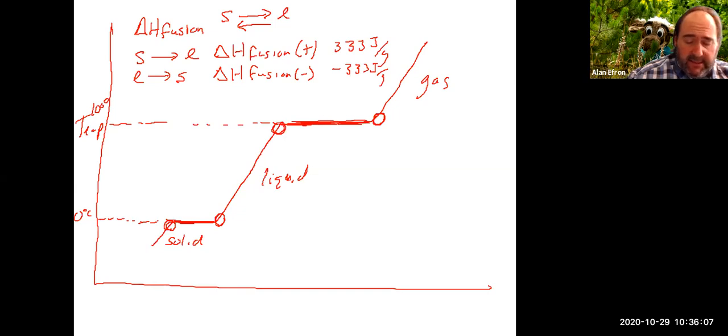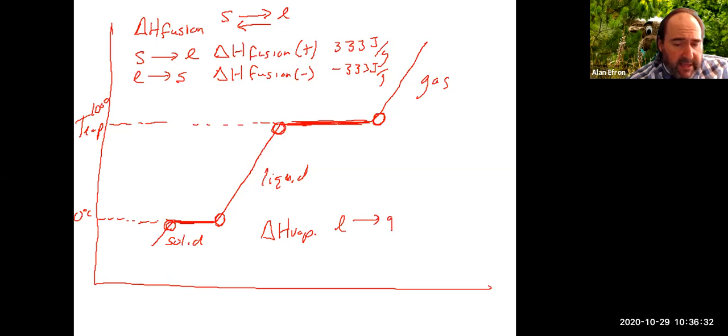That happens at its normal boiling point for a substance. That is what is known as the heat of fusion. I'm sorry, the heat of vaporization. The heat of vaporization is the energy required to take something from liquid to gas or gas back to liquid.